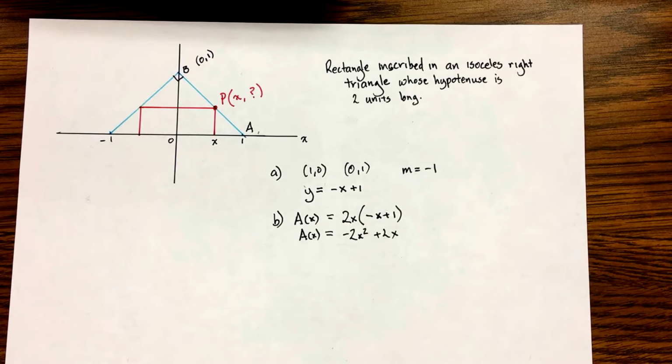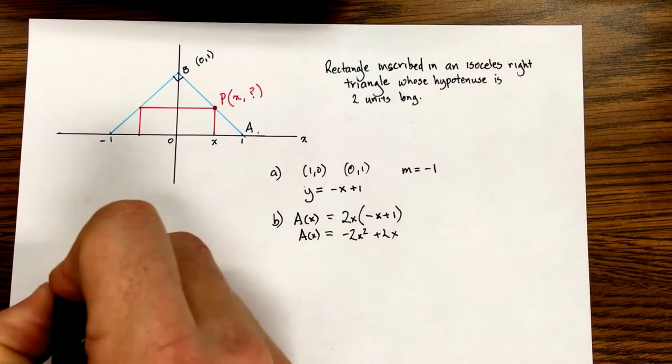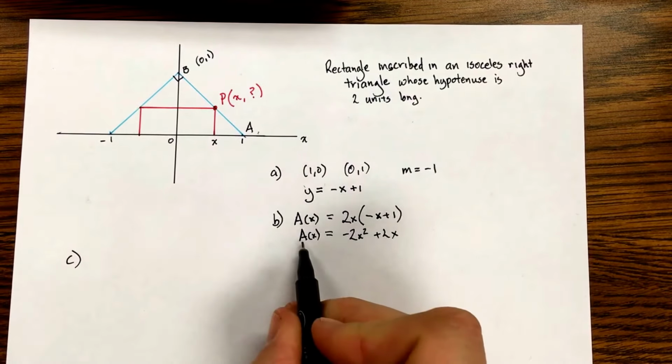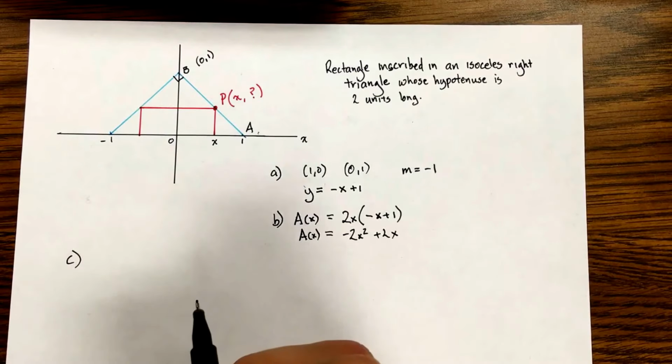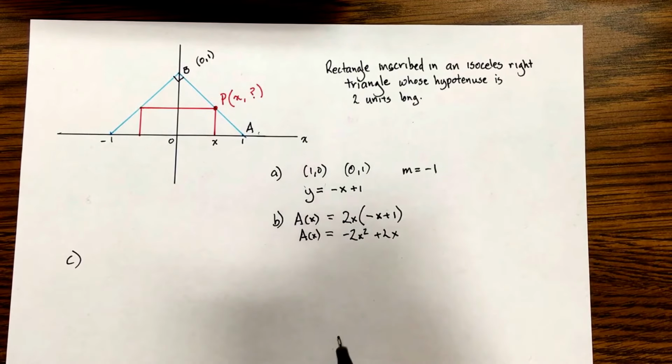All right, so part C, we want the largest area the rectangle can have and its dimensions. If I want to find the largest something, I'm going to look for where the derivative of that something, in this case the area function, changes from positive to negative.